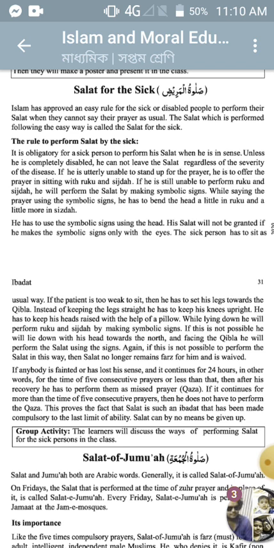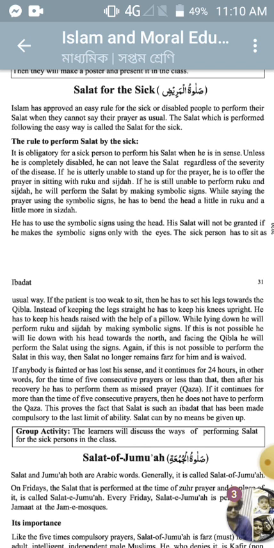If the patient is too weak to sit, then he has to sit with his legs towards the Qibla. Instead of keeping the legs straight, he has to keep his knees upright. He has to keep his head raised with the help of a pillow. While lying down, he will perform ruku and sijda by making symbolic signs.